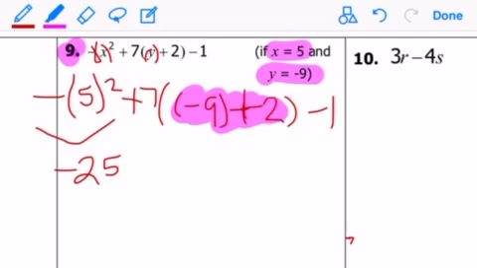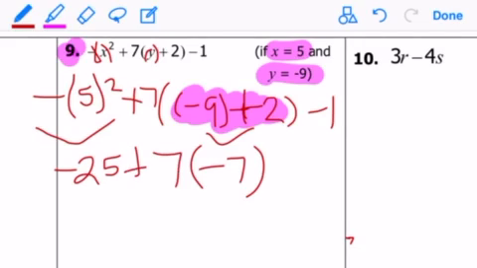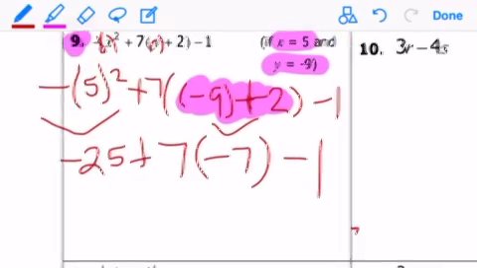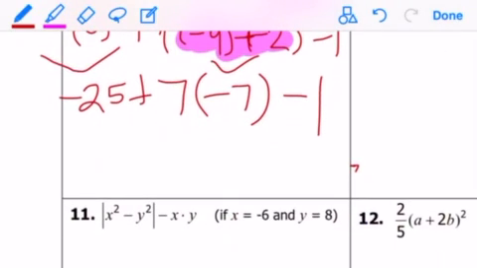All right, so P, parentheses or G, grouping symbols, -9 plus 2 is -7, okay? So I kind of did 2 steps at once, which is obviously okay as long as you're doing them correctly. All right, so my operations here are a multiply, add, and subtract. So we got to do M first. 7 times -7 is -49.